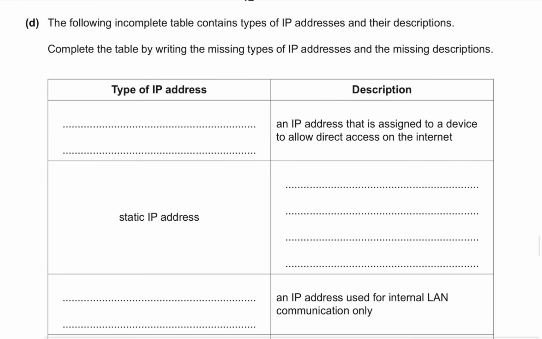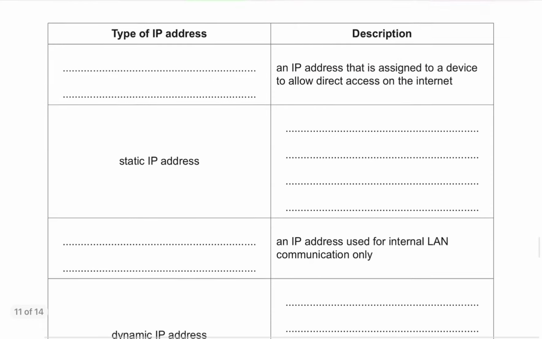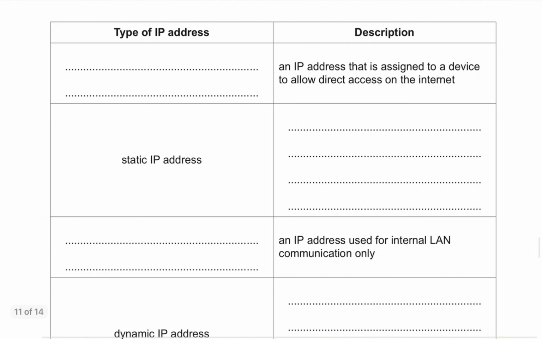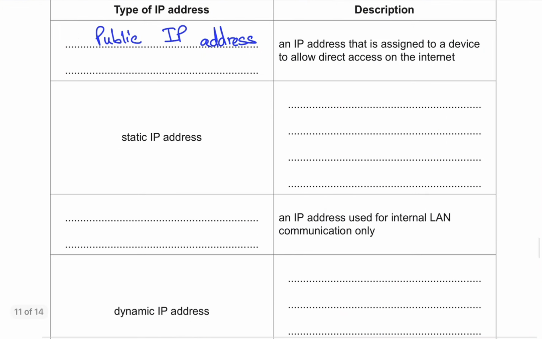The following incomplete table contains types of IP addresses and their descriptions. Complete the table by writing the missing types of IP addresses and the missing descriptions. An IP address that is assigned to a device to allow direct access on the internet is a public IP address. An IP address that is fixed is known as a static IP address.